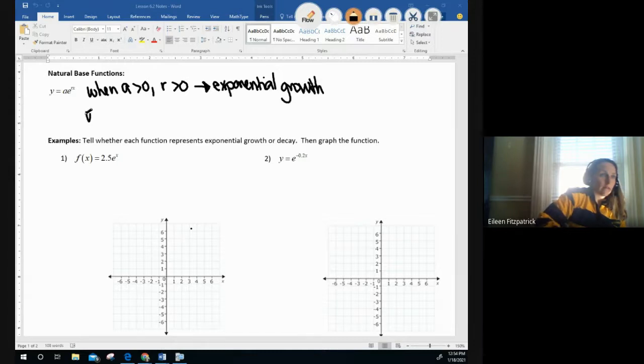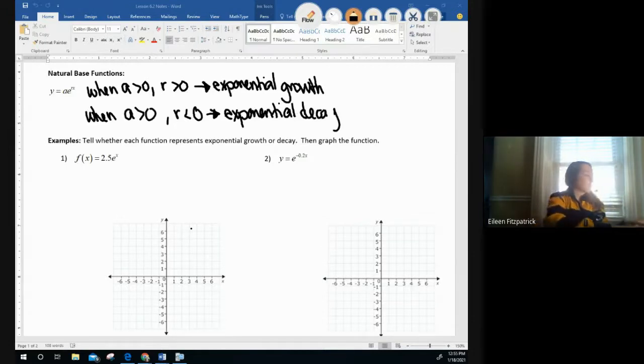When your a value is greater than 0, but your r value is less than 0, that's going to be exponential decay. All right, so r greater than 0, exponential growth. r less than 0, exponential decay. All right, so it says here, tell whether each function represents exponential growth or decay, then graph the function.